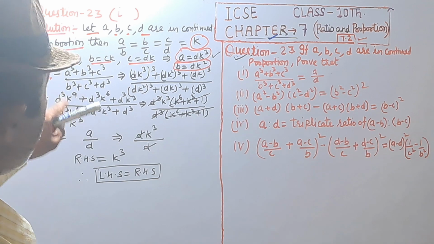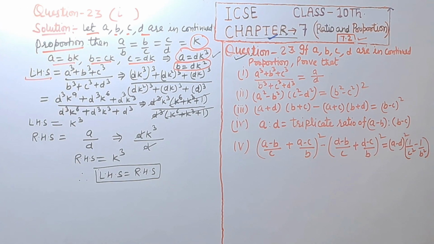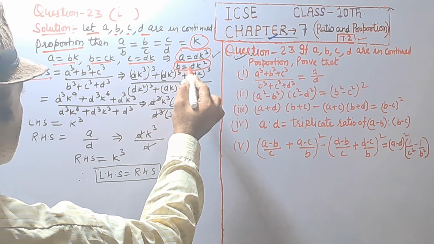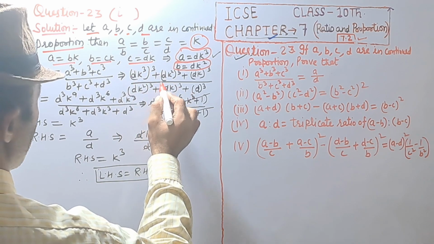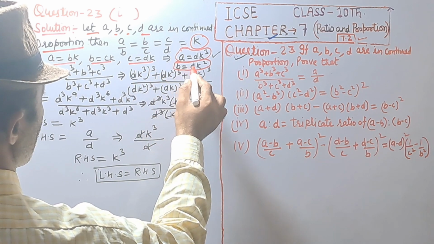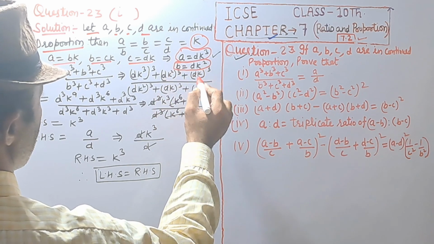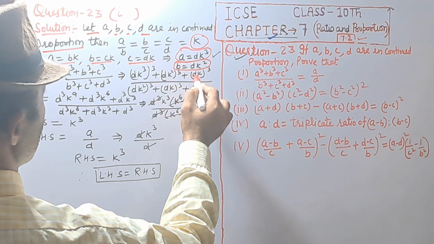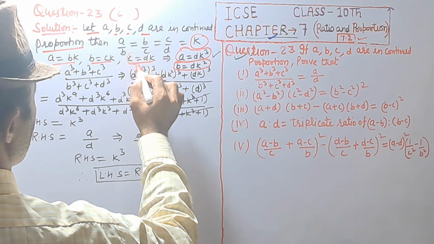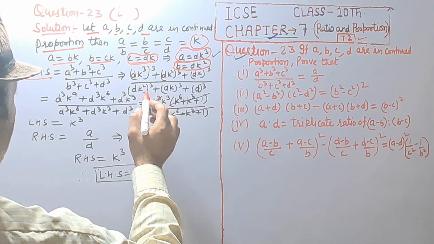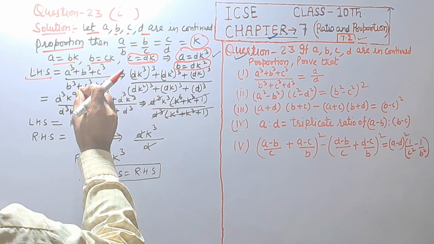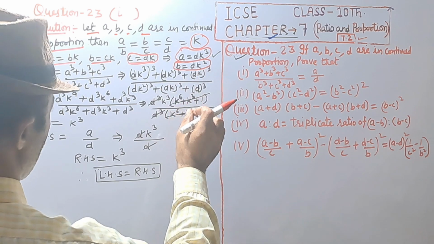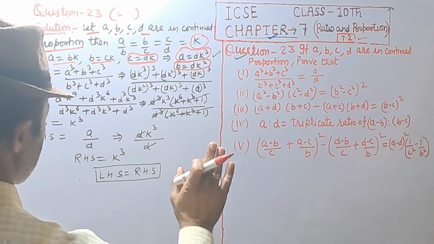Taking the left hand side, that is A cube plus B cube plus C cube divided by B cube plus C cube plus D cube. We put A is equal to DK raised to power 3 whole raised to power 3, plus B is equal to DK square whole raised to power 3, plus C is equal to DK raised to power 3, divided by B cube, that is DK square raised to power 3, plus C cube, that is DK raised to power 3, plus D cube as it is.